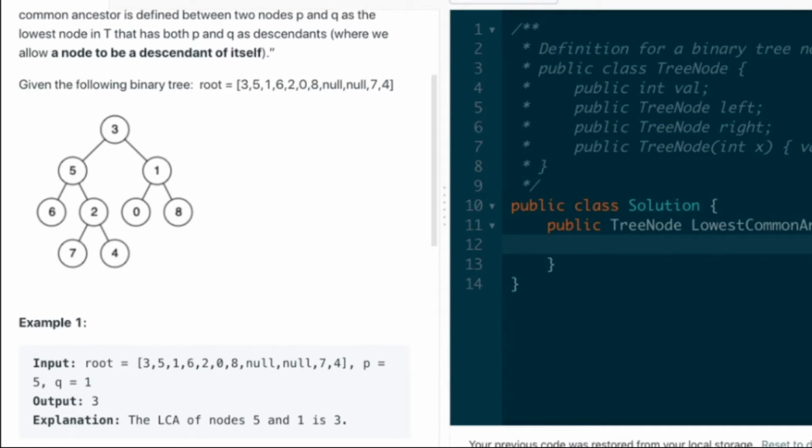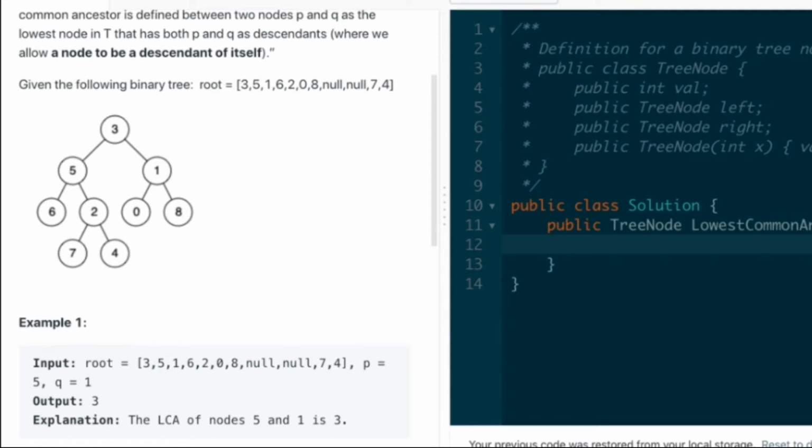Imagine the lowest common ancestor of 5 and 1 will be a node above both these nodes or one of them itself. So in this case, we have to look like that.